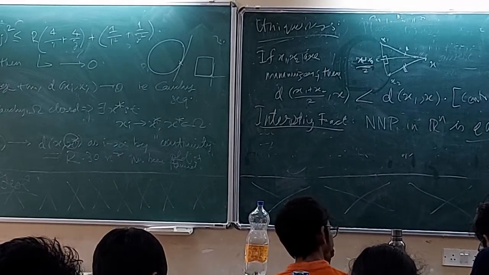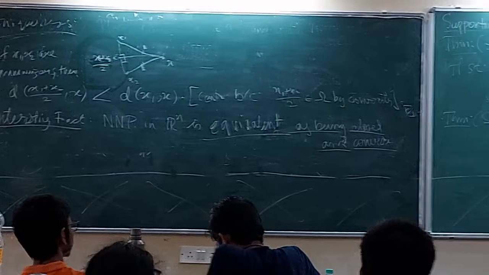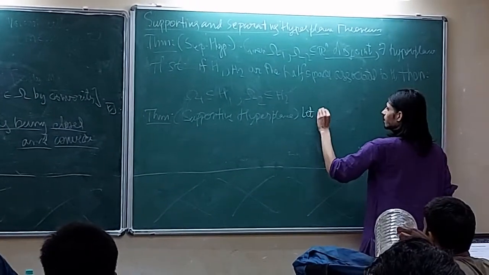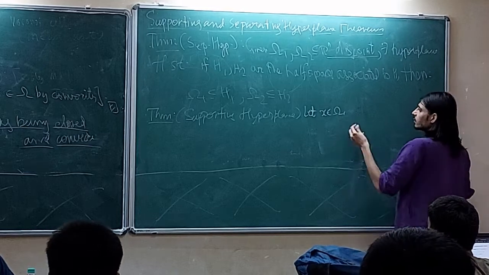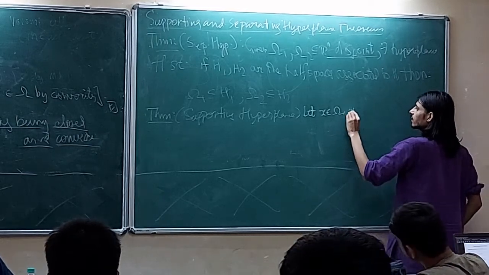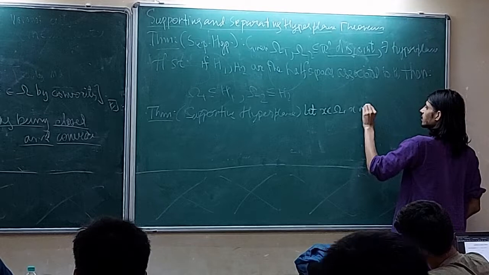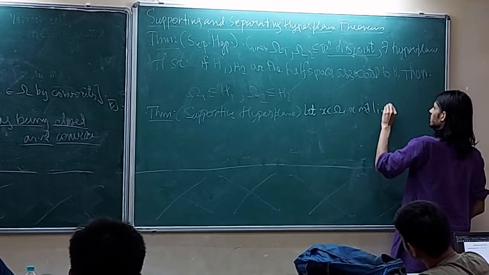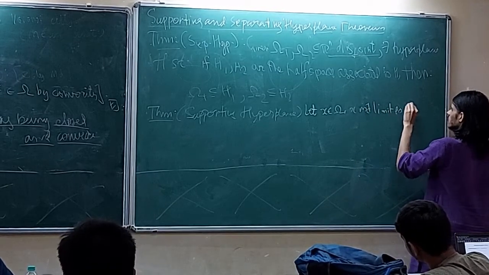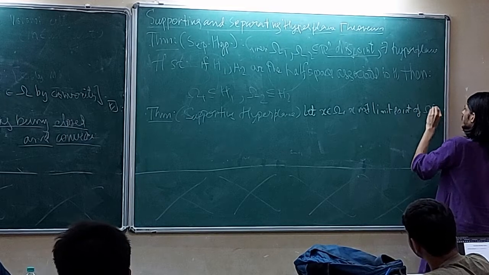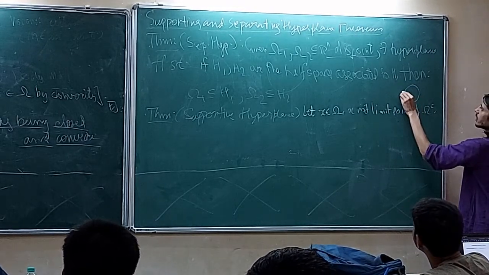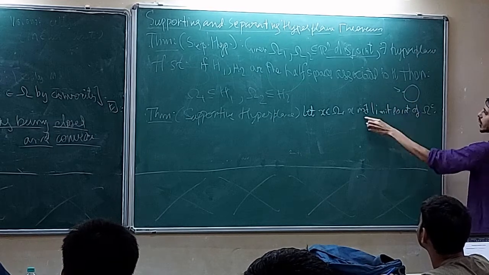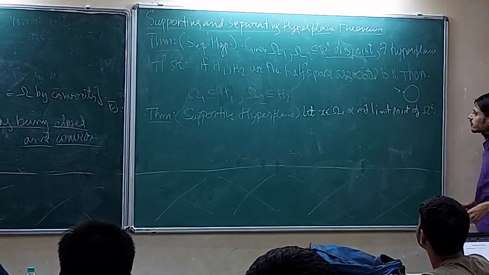So let x be in omega, but it needs to be on the boundary. What does it mean for it to be on the boundary? x is a limit point of omega complement. When something is on the boundary, you can approach it from outside. So that's what it means to be a limit point of omega complement.